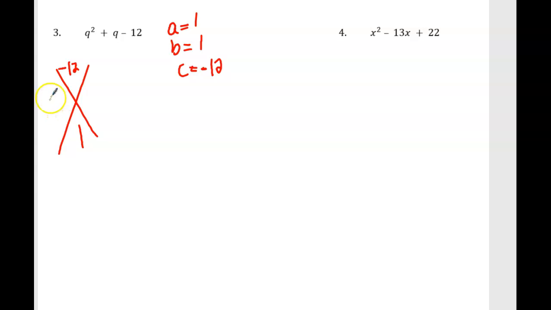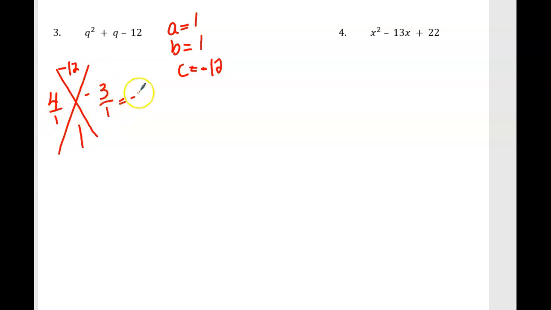Okay, number 3. I'm going to start again. My A is 1, my B is 1, my C is negative 12. I'm going to make my X. A times C is negative 12, and I have a 1 at the bottom. The two numbers I can multiply to get negative 12 that add up to 1 would be positive 4 and negative 3. I'm going to divide by that leading coefficient, which is again 1.